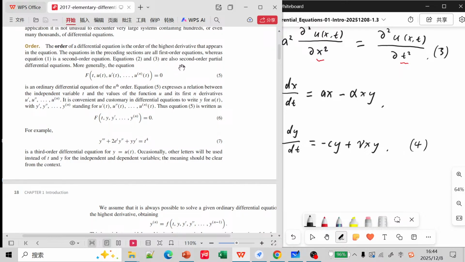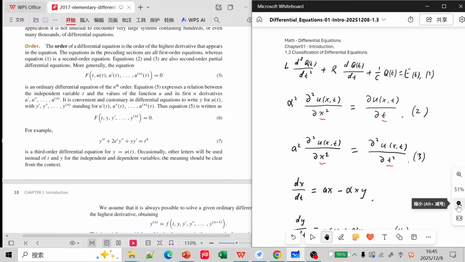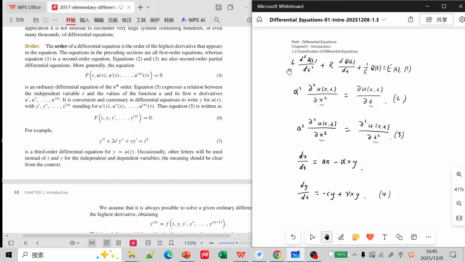Equations 2 and 3 are also second-order partial differential equations.